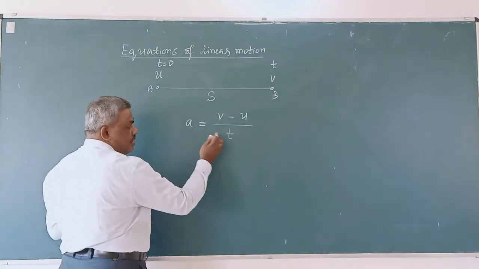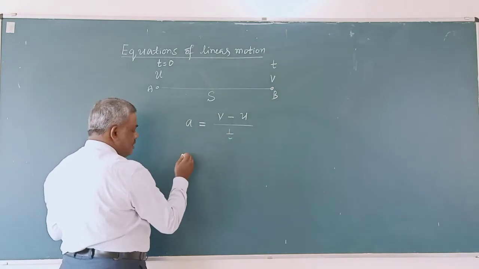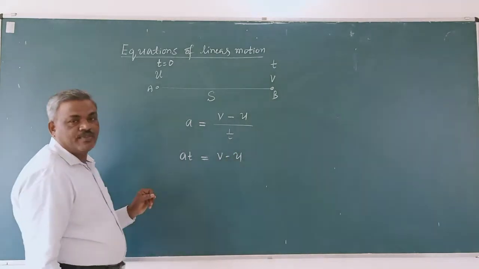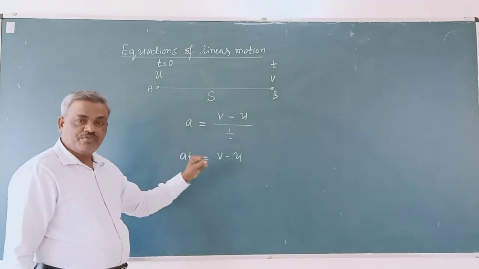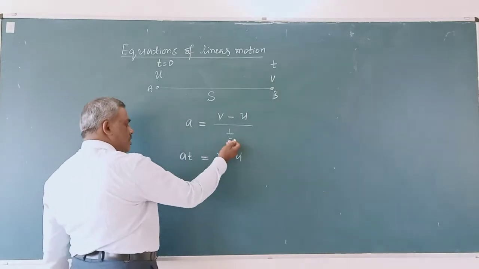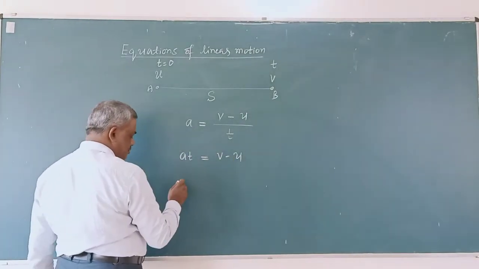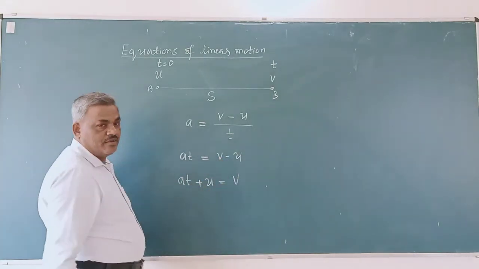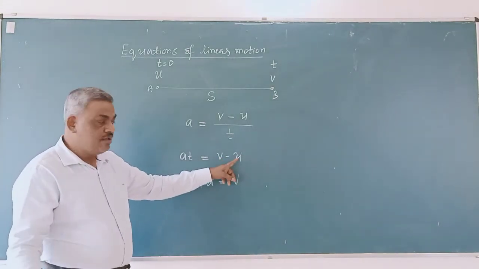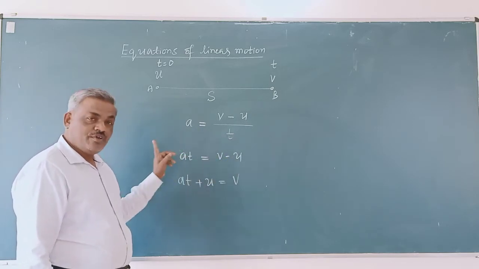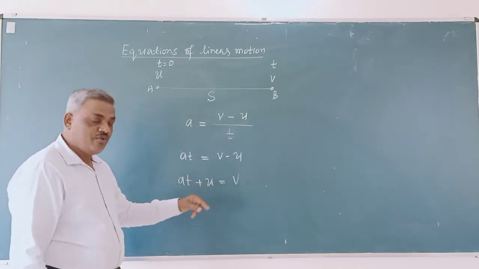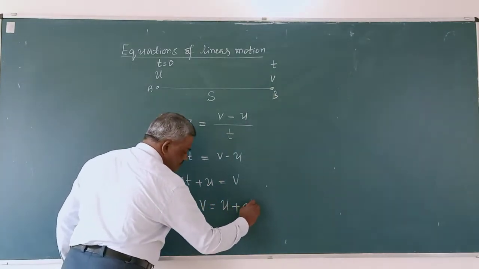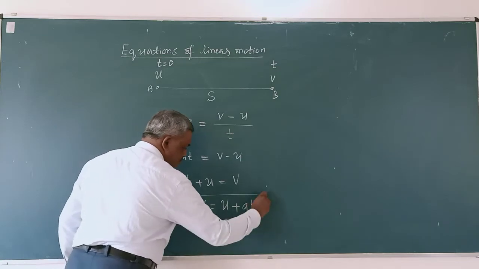Now multiply a into t: a t equals V minus U. Minus U comes to the left side, so a t plus U equals V. The minus U goes to the left side and becomes plus, so a t plus U equals V. Finally, V equals U plus a t.